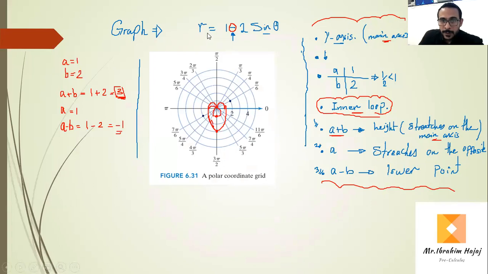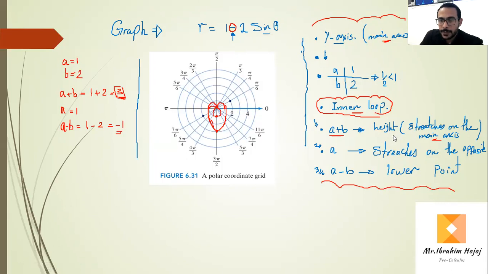We studied this example, 1 minus 2 sine theta, and these are the steps. Because of the sine, you are working on the y-axis, the main axis, down below the x-axis since there is a negative sign between the two terms. The ratio between a and b is half, which is less than 1, so it's an inner loop.